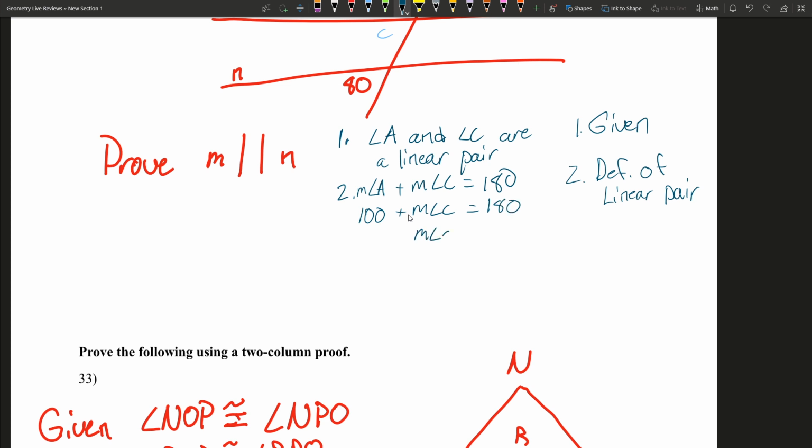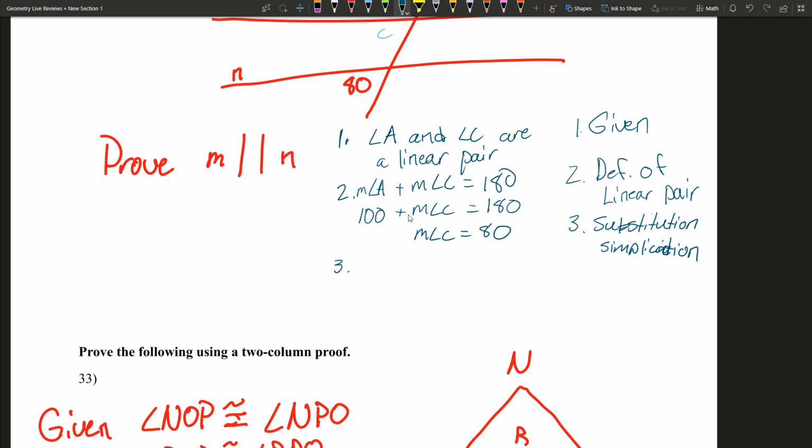Therefore, the measure of angle C is 80 degrees. That can all be one step. That's fine. I guess you would add in substitution and simplification, but I'm all right with just having that be one step.